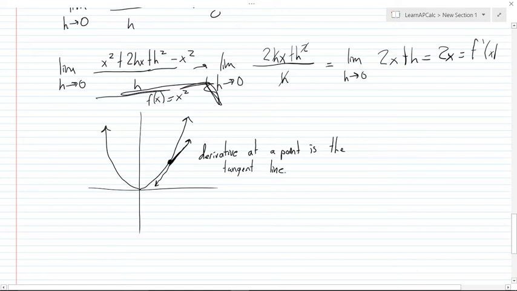Okay. Now, how do we actually find that tangent line? What we can do is draw an approximation of it. So if I want the tangent here, maybe I'll draw a secant line. Oh, before that, I'll say tangent line hits the function at one point.